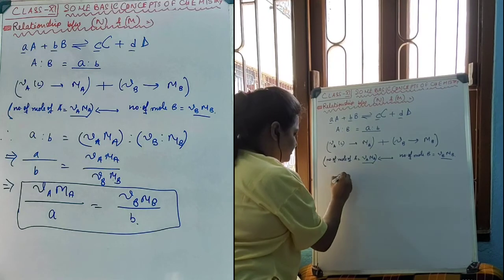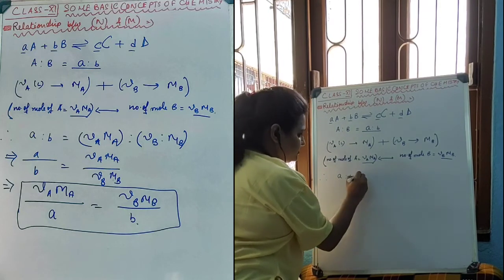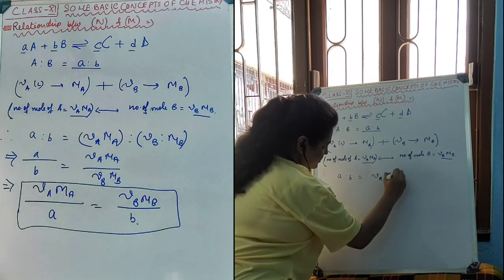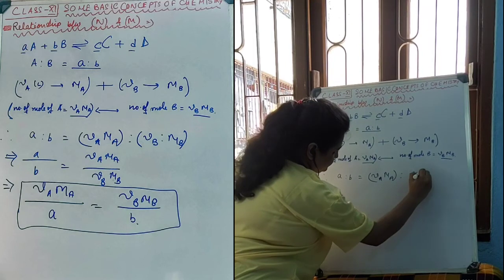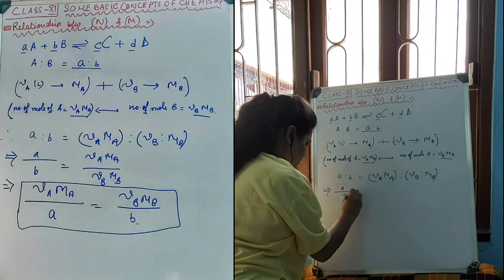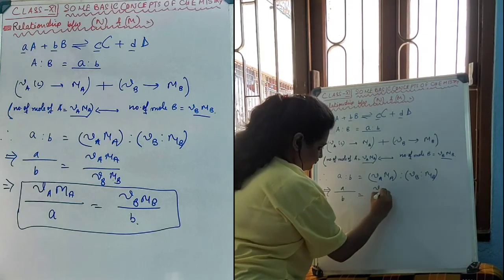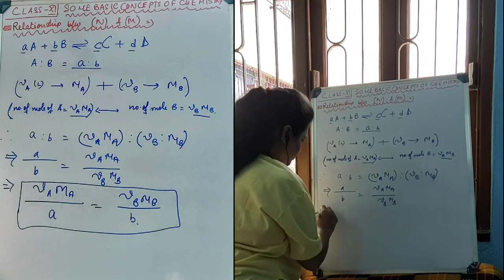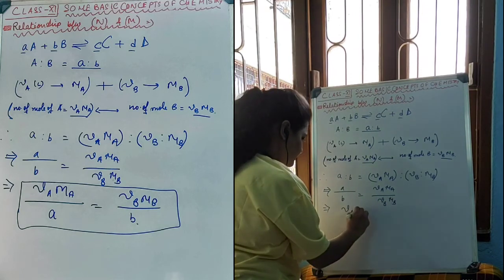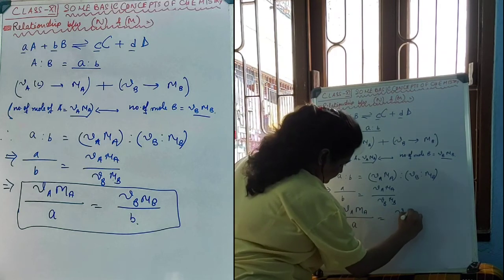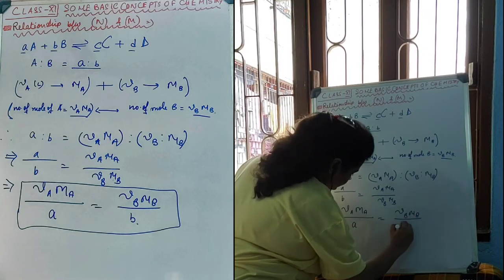So we can say that a is to b is equal to VA MA is to VB MB, or a by b equals VA MA by VB MB, or VA MA by a equals VB MB by b.